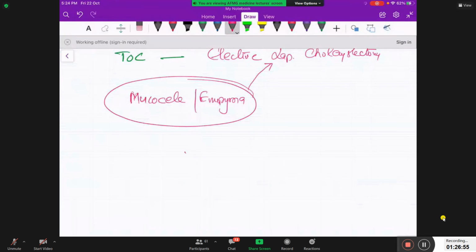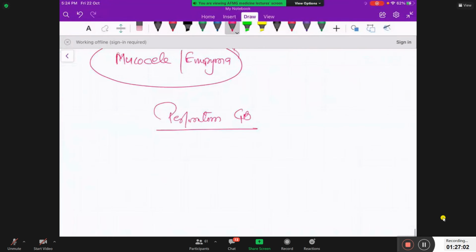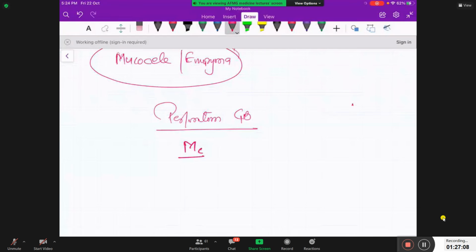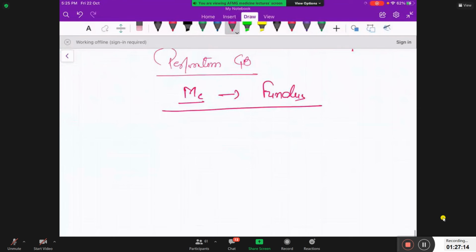And then comes perforation of gallbladder. The most common site of gallbladder perforation is fundus, right?